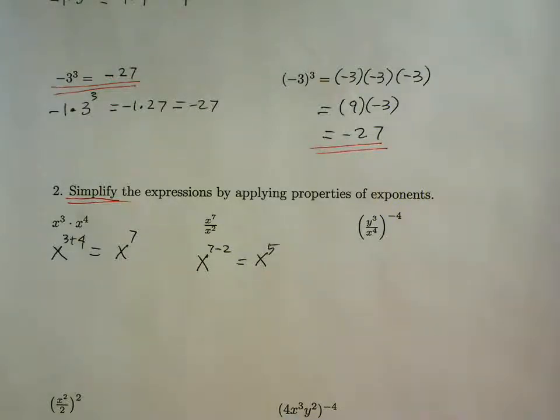So we have y to the third over x to the fourth, all raised to the negative 4. Now, there's more than one way to go about it.